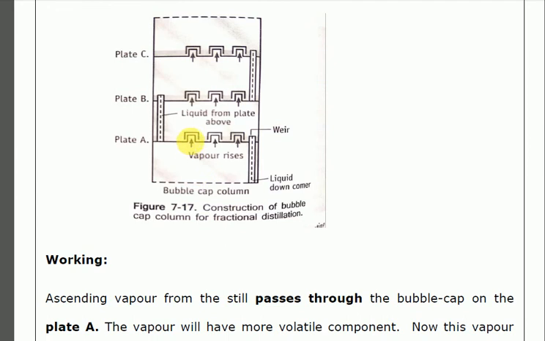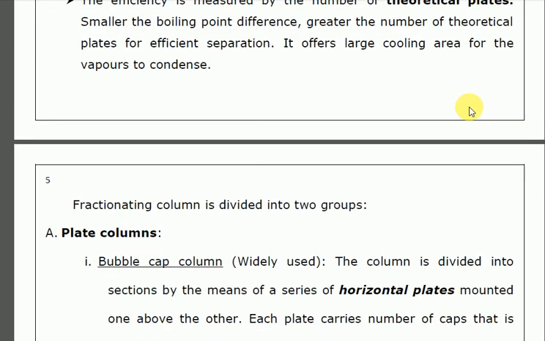So the vapor will travel up and strike. Some may come down and some may travel on the upward path. Liquid would be there on plate B also, so it gets heated, and some of the vapor will get condensed and some will travel down. Again the same procedure takes place here. The one that travels to the top will go into the condenser and be separated first.